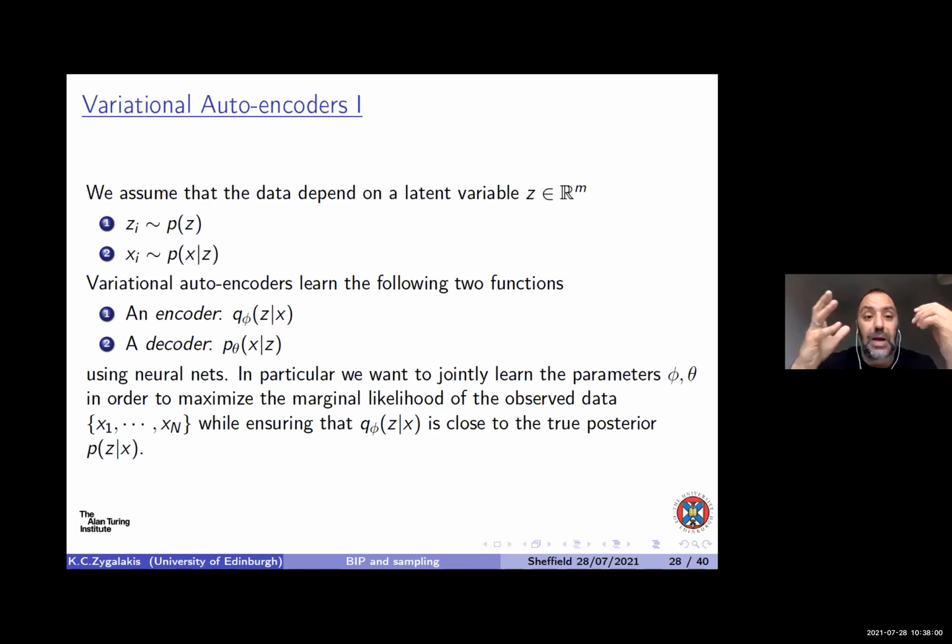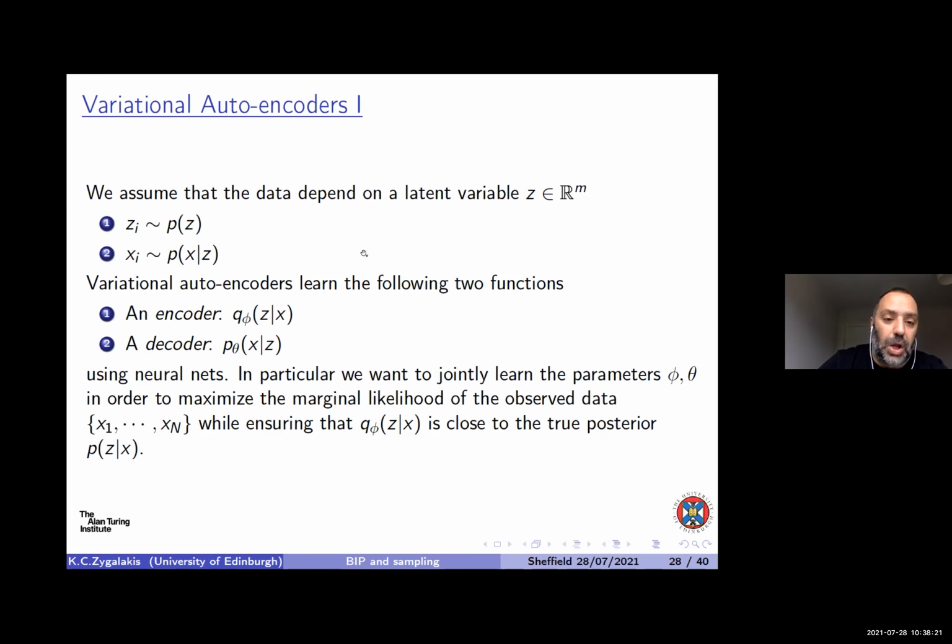So the probabilistic way of saying that is, there is a latent variable Z that lives in a lower dimensional space, okay? And basically, there is a posterior, having observed Z, that takes me to my sample X, okay?